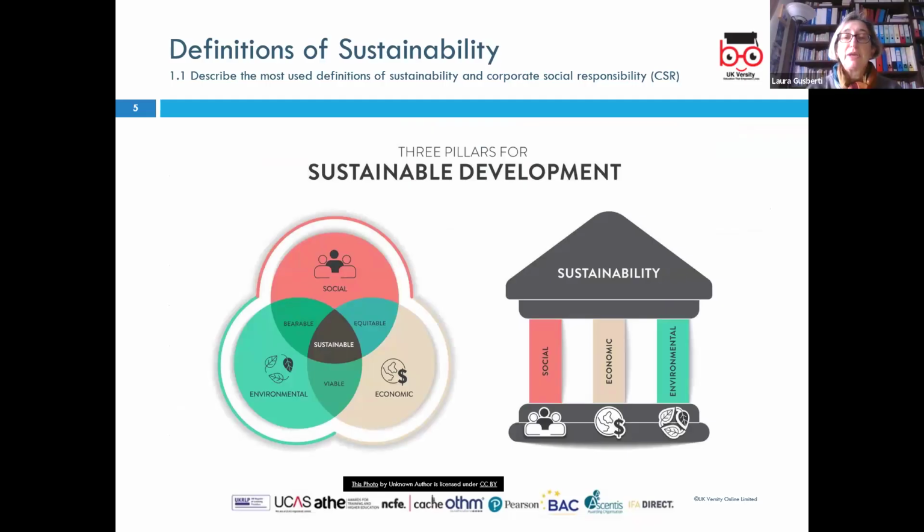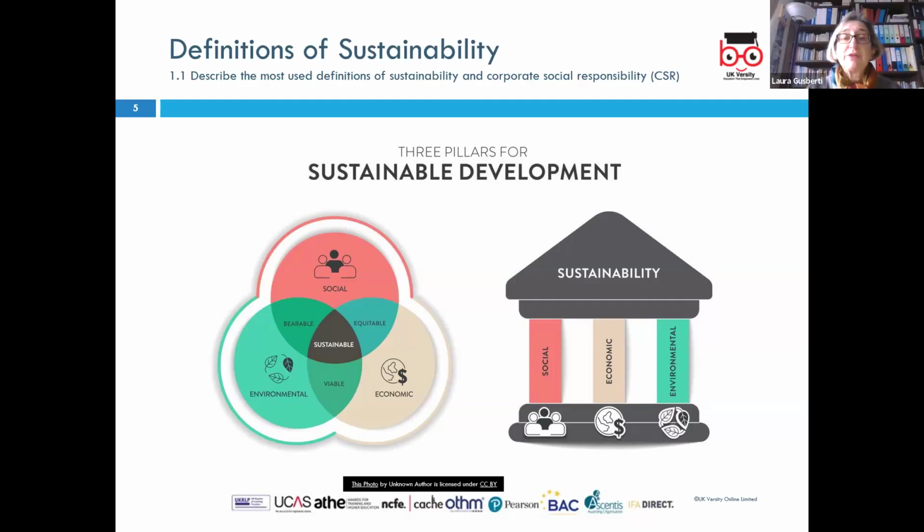This slide is just to make a little bit of a visual impact on what sustainable development or sustainability mean, because social, environmental, and economic sustainability are not three separate concepts, they overlap. When the three of them overlap, we reach the state of sustainable business, sustainable development.